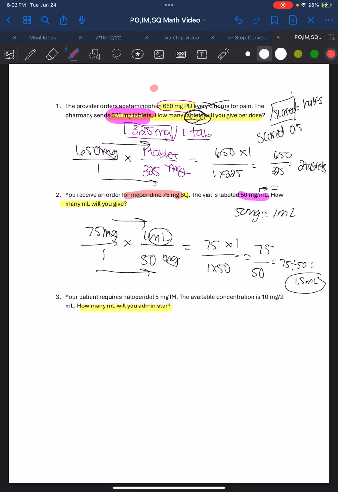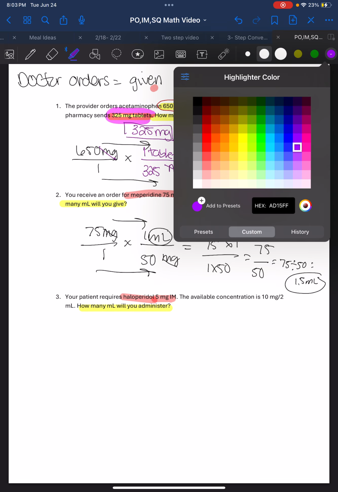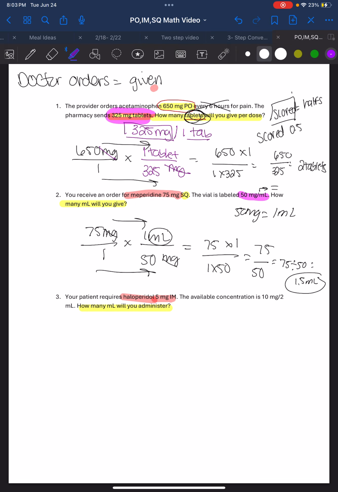Our given is 5 milligrams. So what's ordered is your given. Whatever the doctor orders equals your given. In this situation, the doctor ordered 5 milligrams of haloperidol. Our conversion factor is the concentration, 10 milligrams for 2 mLs.